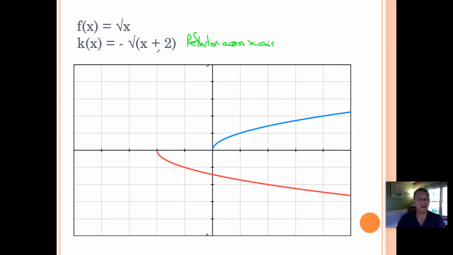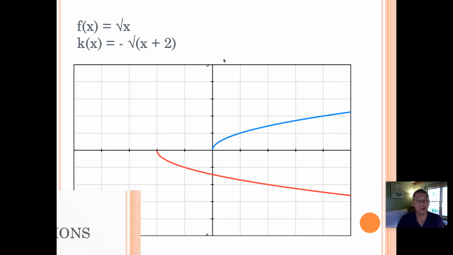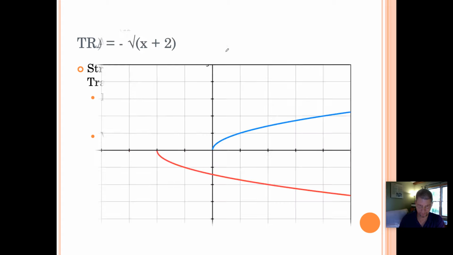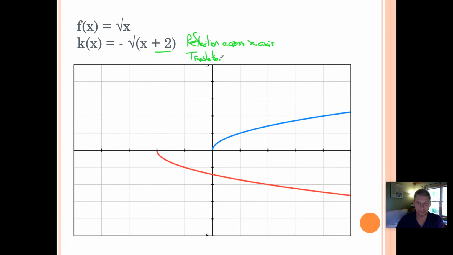But in addition, I've added 2 to the value of x. And so what that does is it's a translation to the left by 2 units. And that's what we did right here. We moved it left by 2 units.